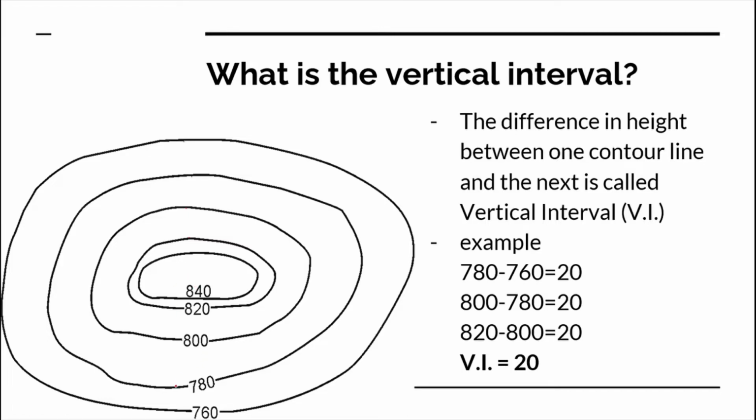So let us look at this, for example. We have 760 to 780. The difference here would have been 20. And between 780 to 800, the difference here would also be 20. 800 to 820, 20 meters just the same. The difference here is also 20 meters.